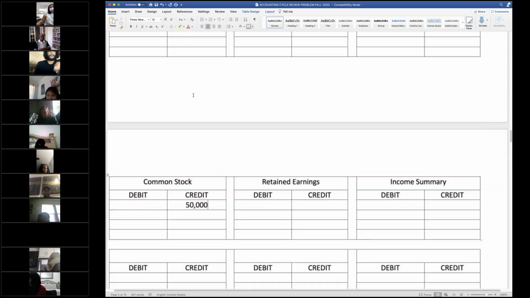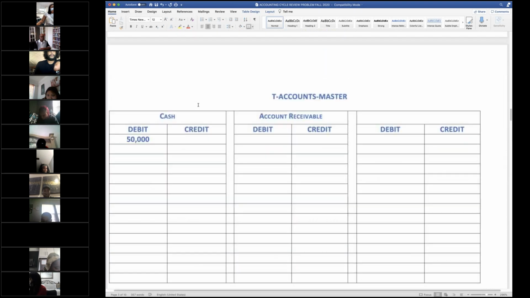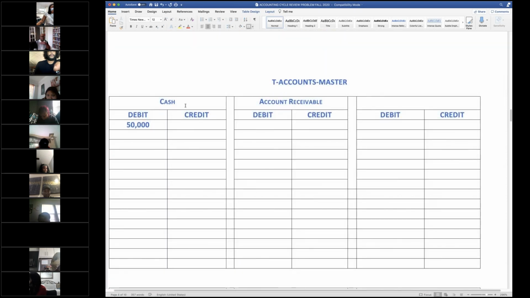Now notice what is supposed to happen in working with your T accounts. You got them in the same order as that chart of accounts. Cash, accounts receivable, the next account, which is going to be what? Probably supplies.